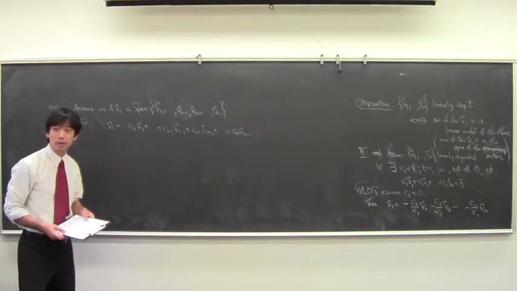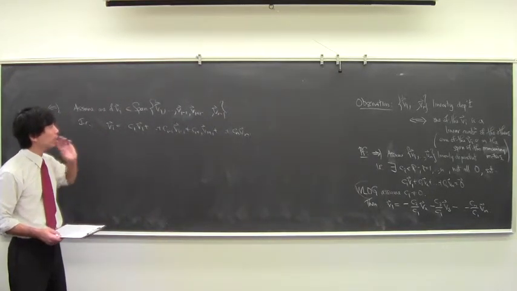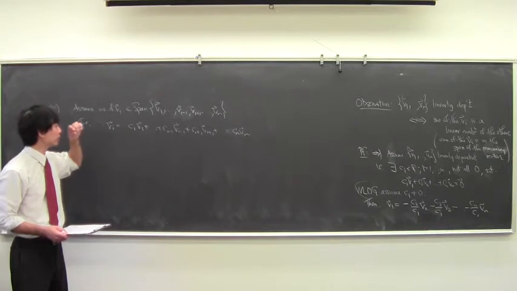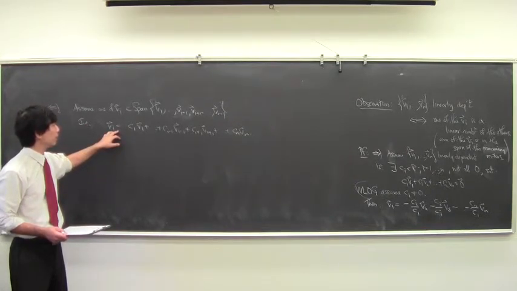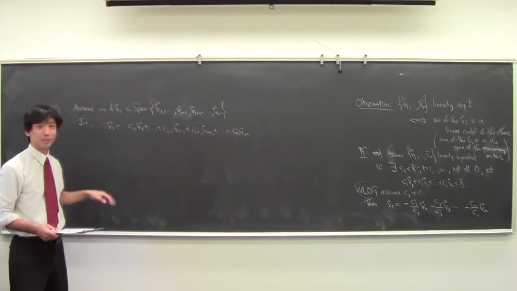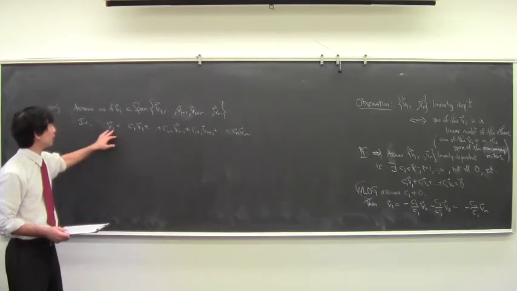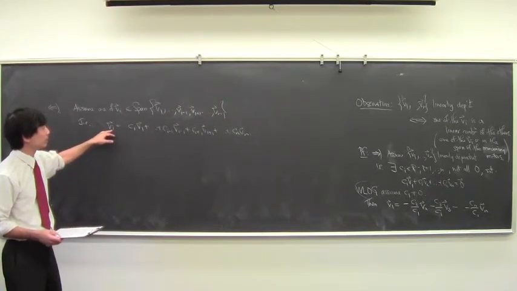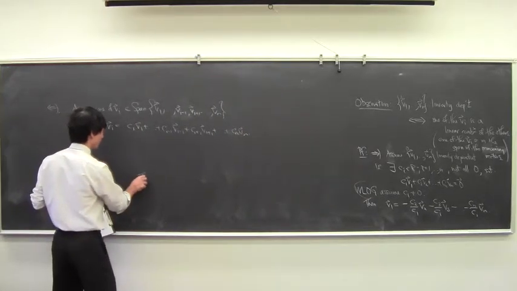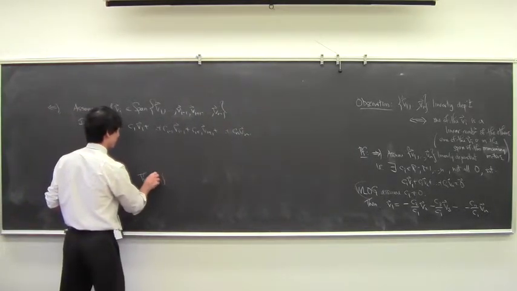Okay, so why does that imply that these guys are linearly dependent? Excuse me. So how do you say? Right, we want to say thus blah blah blah. Thus the vi are dependent.